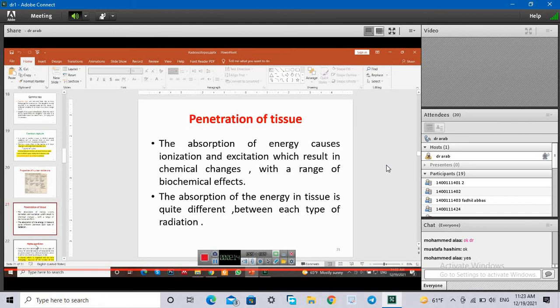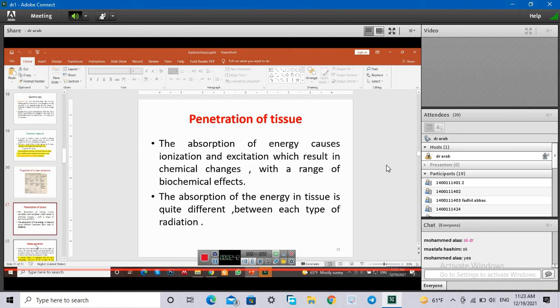When a particle interacts with a target, the absorbed energy causes some ionization and excitation, which can result in chemical changes alongside a variety of biochemical effects. The main point is that the amount of absorbed energy in tissue is quite different for each type of radioactivity.